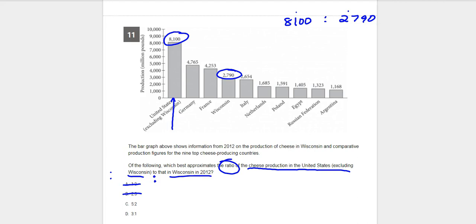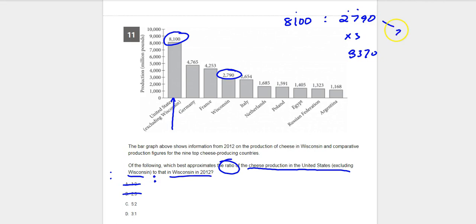If I multiply this number here on the right, 2790 times 3, let's just see if that comes out. 2790 times 3. And I get 8370. So if I times this number by 3, I get 8370. And that's pretty close.